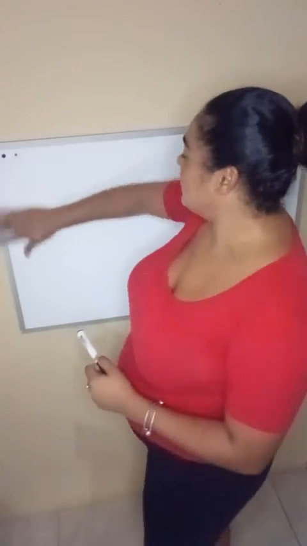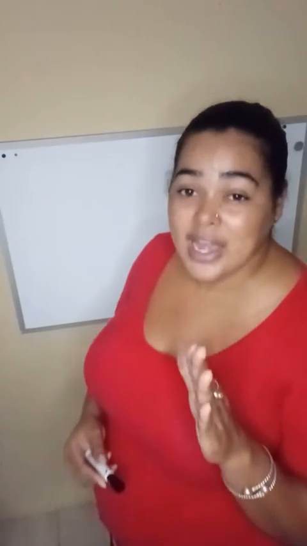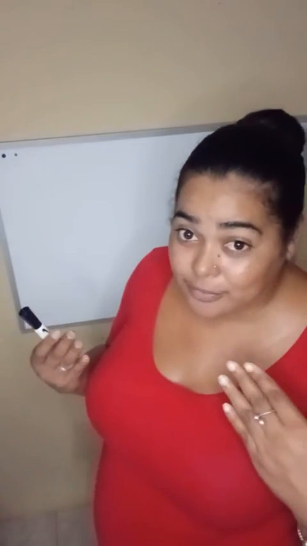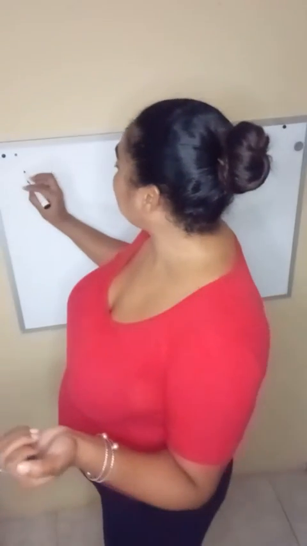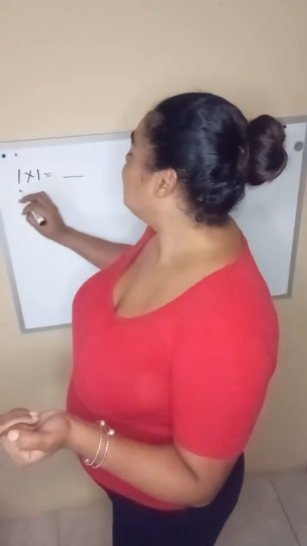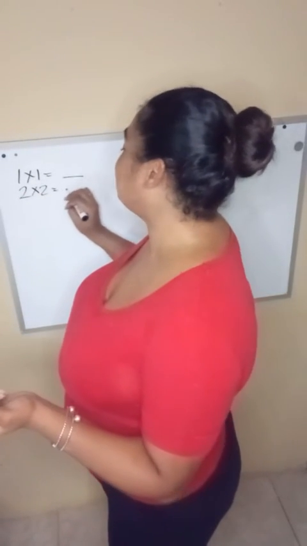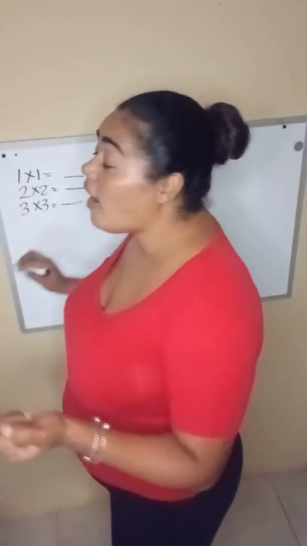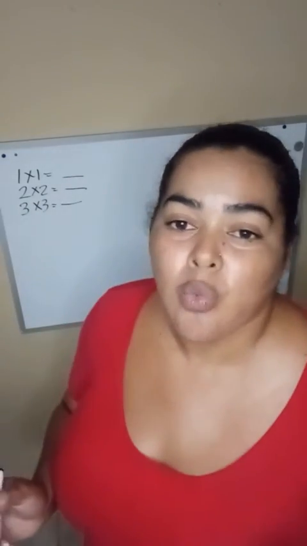Okay? You're supposed to send a video to me, not in the chat group. Send a private WhatsApp message with yourself reciting the square numbers. Okay? And by that I mean 1 times 1 is, 2 times 2 is, 3 times 3 is, all the way to 12.